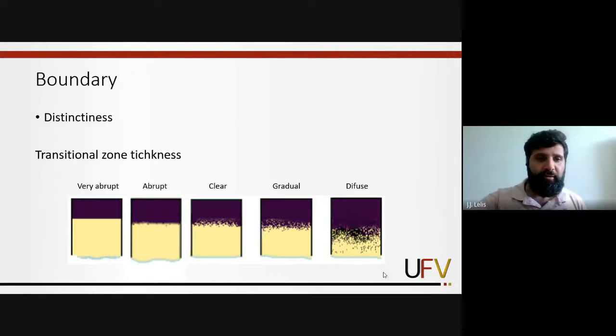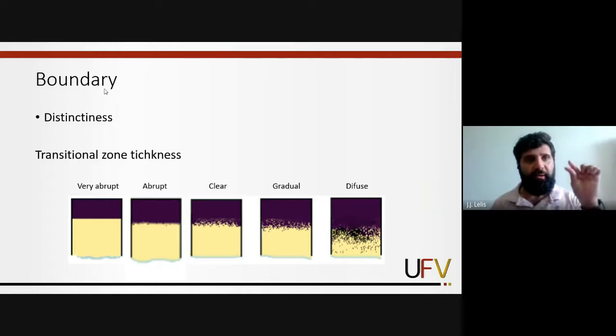Today we will describe some topics that are quite easier than soil color, and one of them is boundary, the boundary between horizons, okay? When we are in the field and we have to describe the soil profile, we have to describe each horizon or layer, and we have to describe the boundary between the horizons or layers.